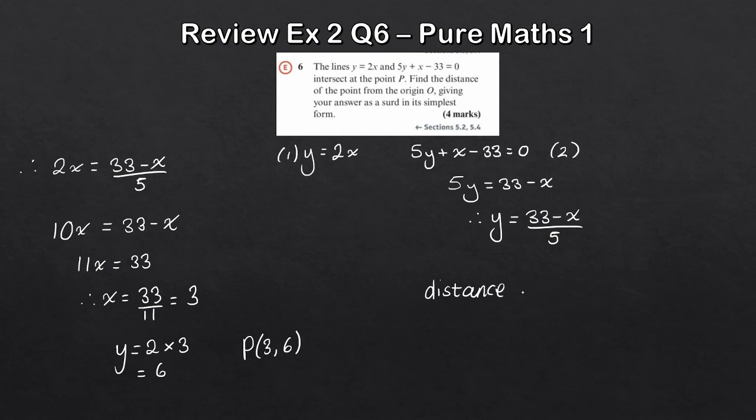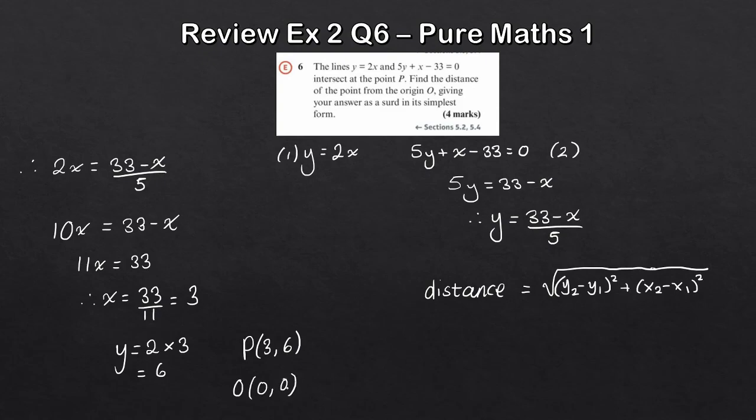So that's going to be equal now to the square root of y2 minus y1 squared plus x2 minus x1 squared. Okay, so my y2 in this case would be 6, my y1 would be 0, my x2 would be 3, my x1 would be 0, because we're comparing this to the origin 0, 0.